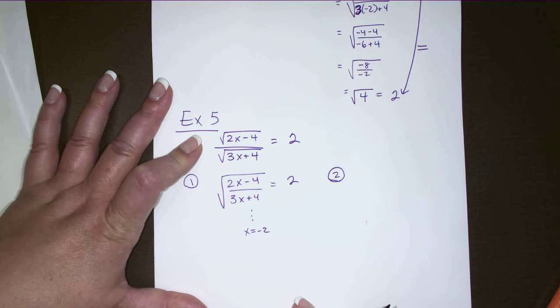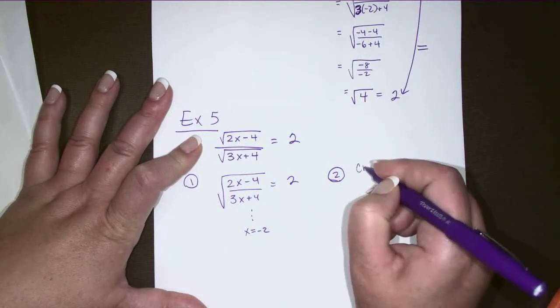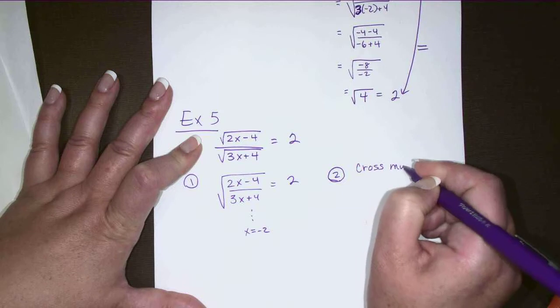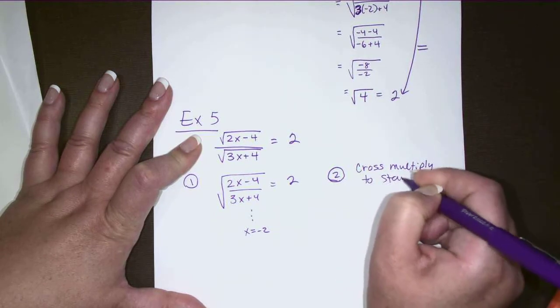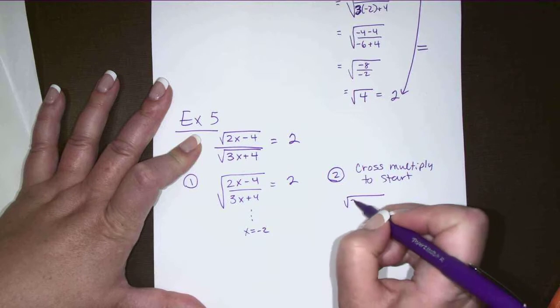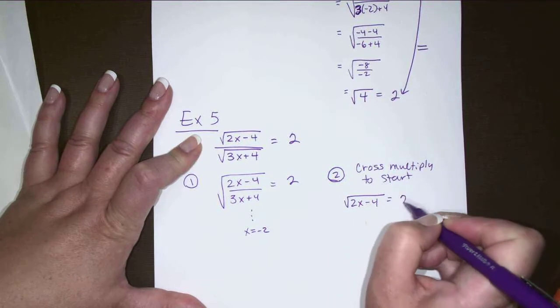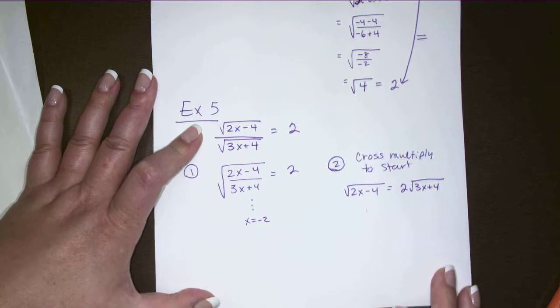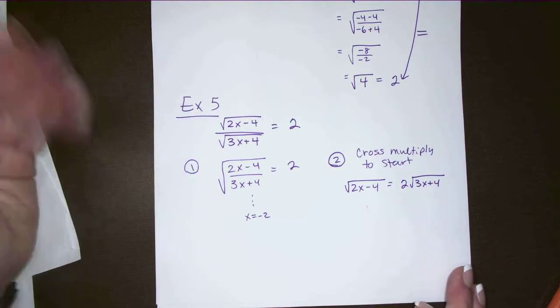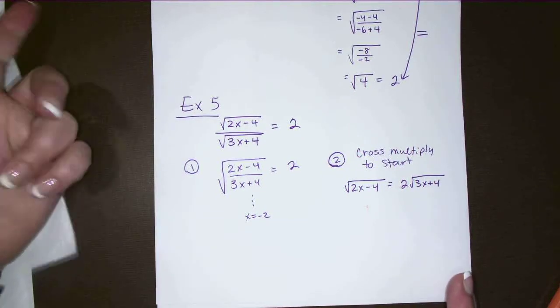Cross-multiply at the beginning and get rid of the fraction. So here, if you cross-multiplied to start, we would end up with root 2x minus 4 is equal to 2 times root 3x plus 4. Okay, and that's legitimate. We had a fraction, and you can get rid of the fraction by cross-multiplying.